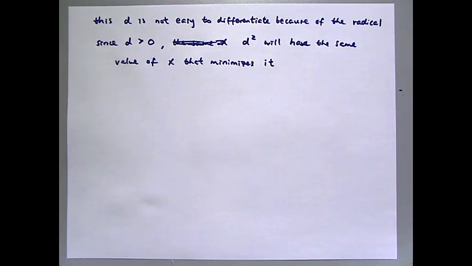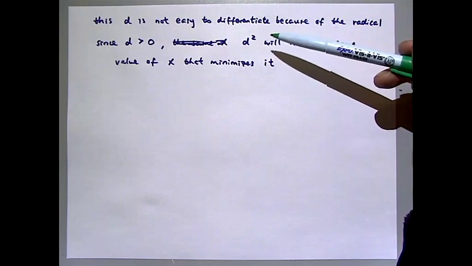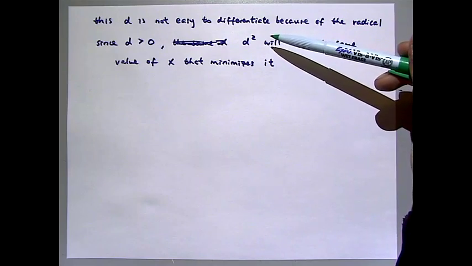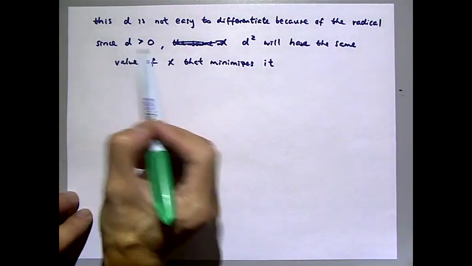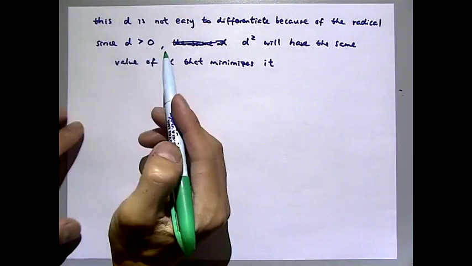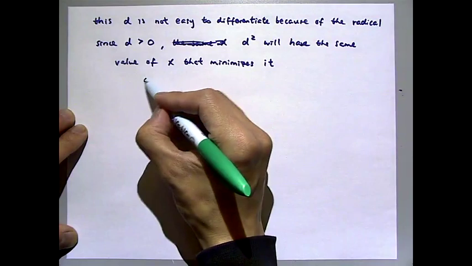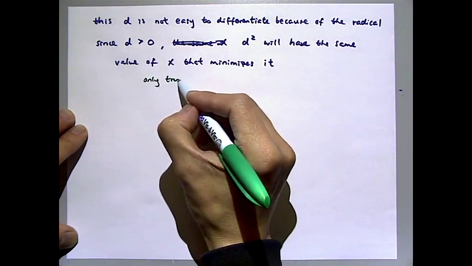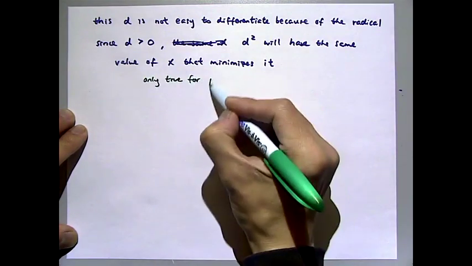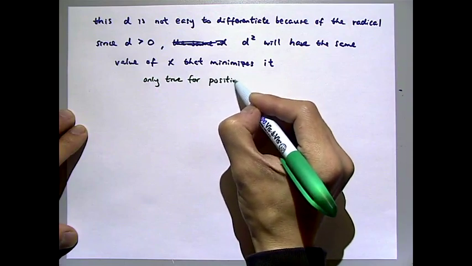If something is always positive, the value of x that will minimize that is the same value of x that will minimize the square of it. This is only true if that is positive. Let me write that down. Only true for positive quantity.